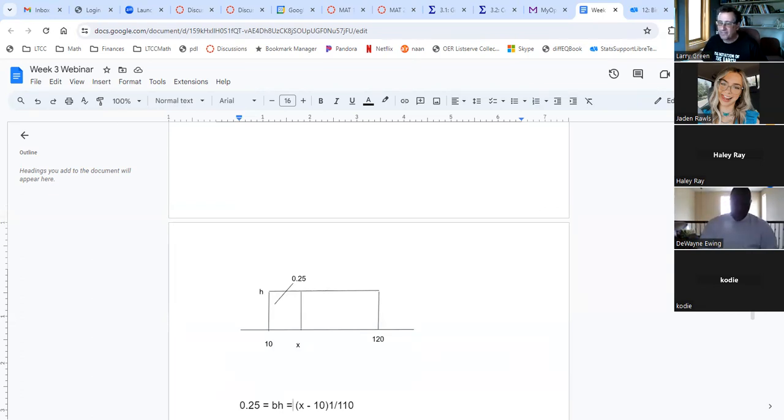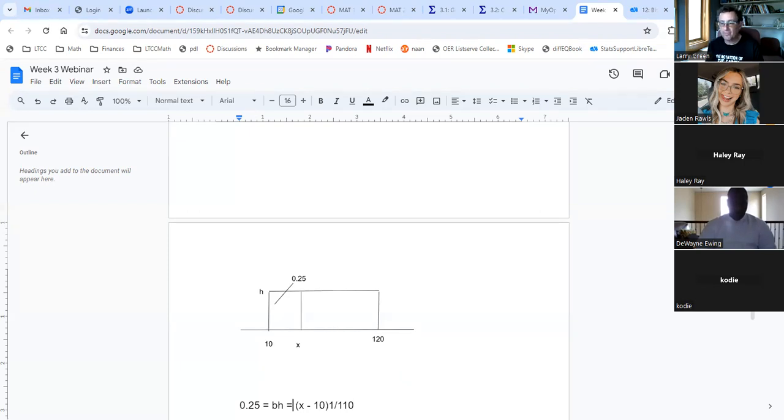Right, so we want to get x alone. And what is the first step to get x alone? Turns out there's going to be two main steps.